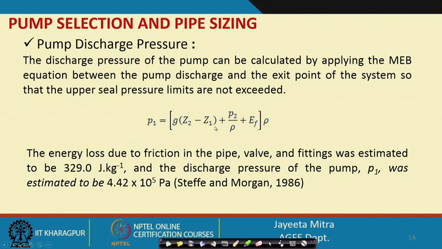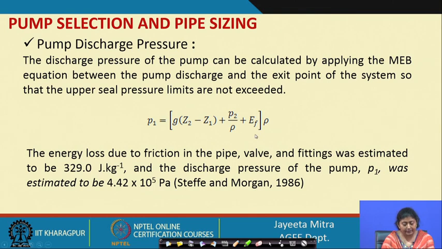The total energy loss because of friction we have to calculate prior, because that depends on many factors, as I said, the pipe friction and all the fittings. That needs to be calculated first, and then we can find the value of this discharge pressure.